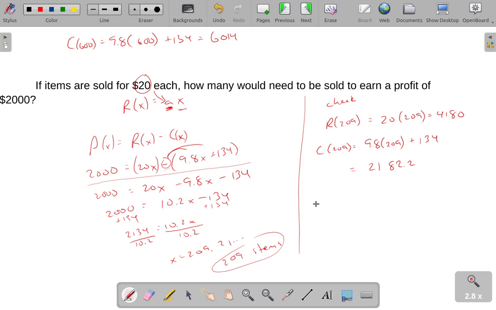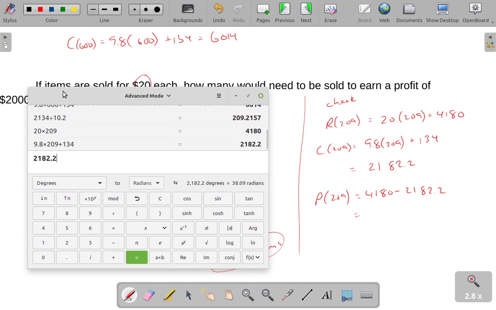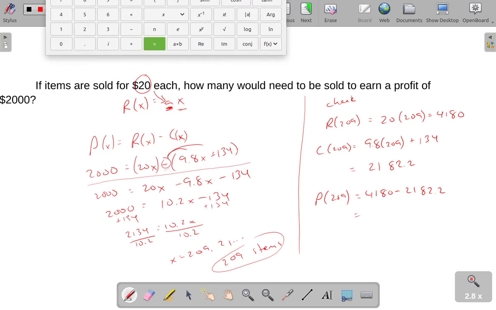And your profit for 209 items is going to be revenue minus your cost. And when I do that, 4180 minus 2182.2, you can see our total profit here is 1997.8.